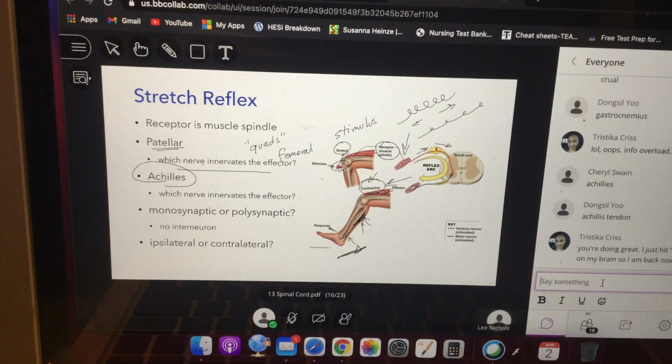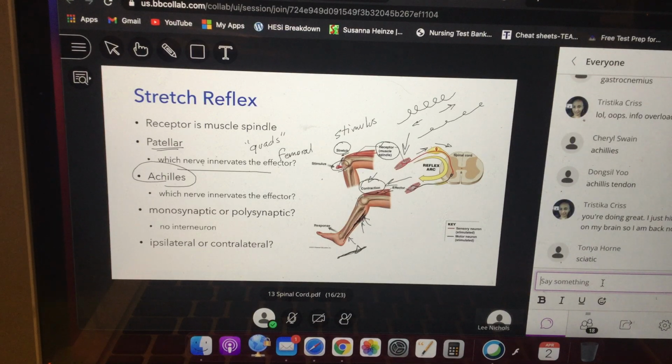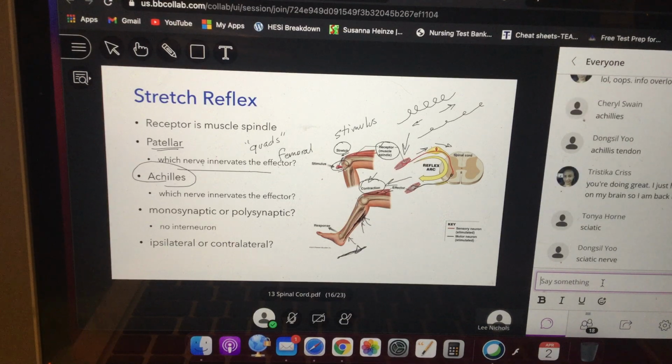Which nerve innervates the gastrocnemius muscle? Again, we only just kind of talked about it, but we talked about the big nerve that innervates everything down the back of the thigh and the whole lower leg. Yeah, Tanya's all over these. The sciatic nerve. The sciatic nerve.